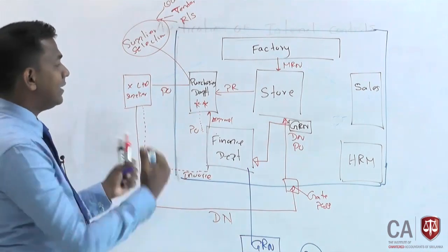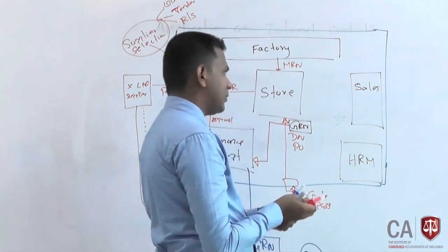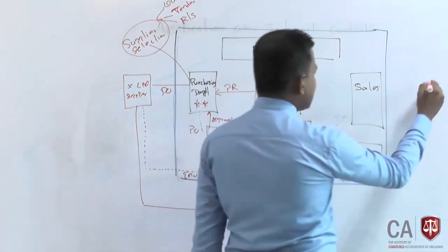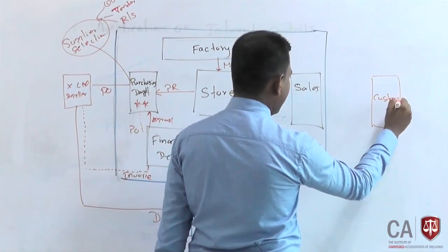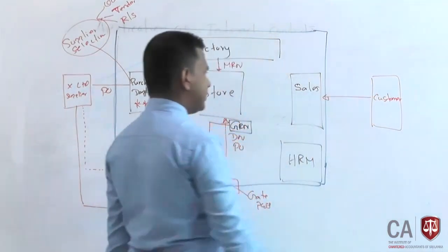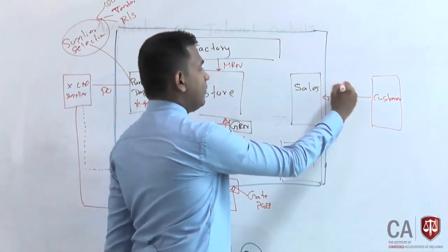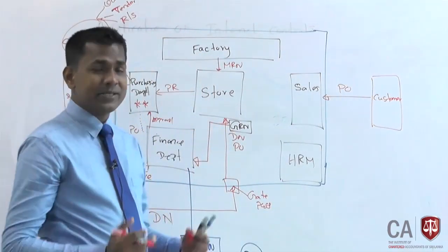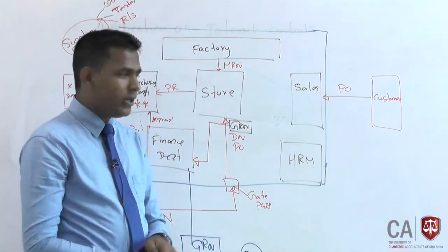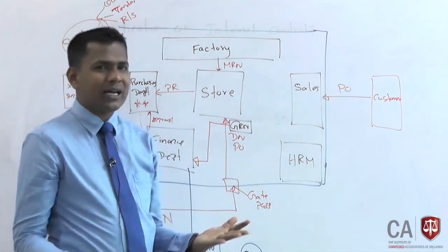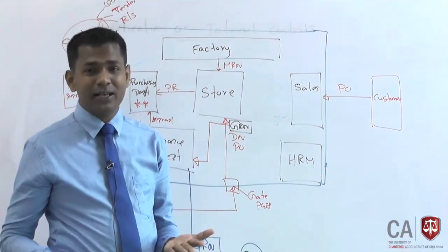If you look at the other side of the internal control, there will be a customer, right? The customer will come and request the goods, or will send a purchase order to us, and the sales department has a responsibility to ensure that, if it is a cash sale, no problem, but most of the sales are made on credit terms.